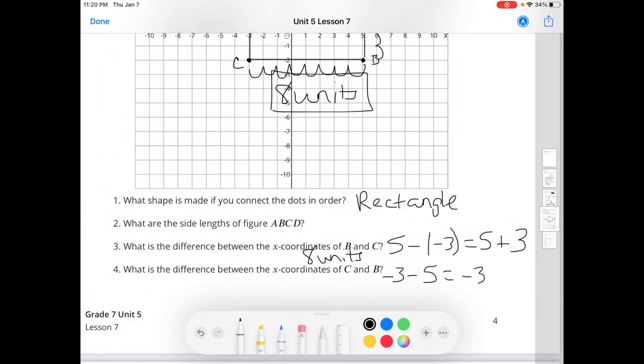So that's negative 3 plus negative 5. When you're adding two numbers that have the same sign, you just add and your answer will have the same sign. So negative 3 plus negative 5 is negative 8 units. So that means it's 8 units to the left to get to C.